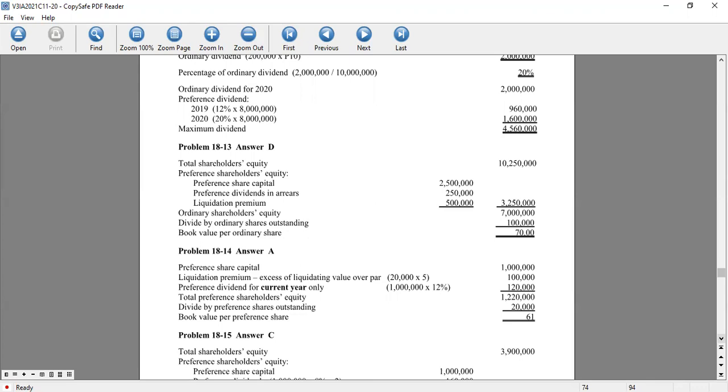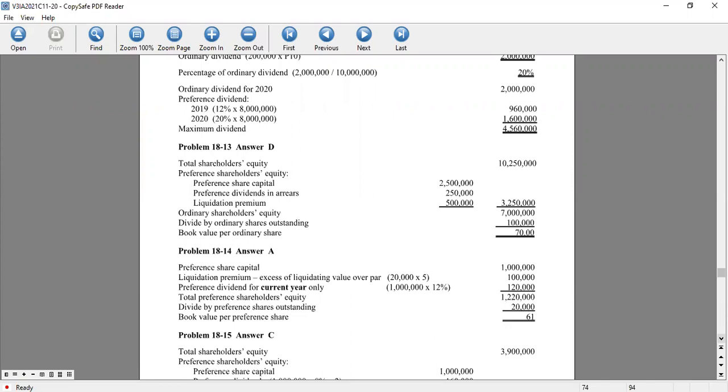So for 20,000 shares, we multiply by 5. If the preference share has a liquidating value of 55, and the par is 50, meaning a liquidation premium equal to 5 pesos multiplied by 20,000 preference shares, or 100,000.